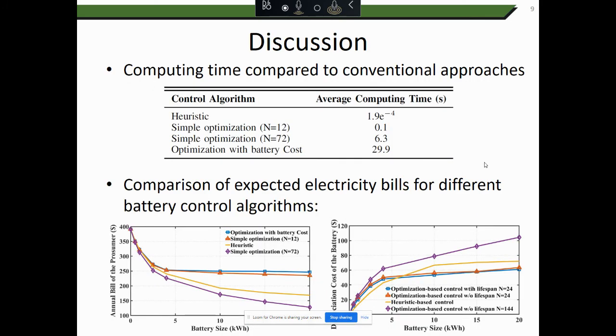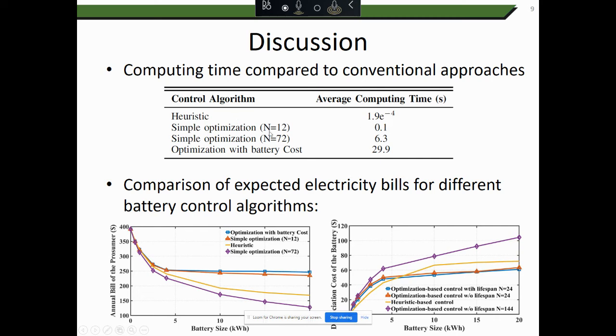However, what we found out is that the computing time to implement this inclusion of battery lifespan into the optimization problem, unfortunately, is exploding. If we compare to some heuristic methods that do not use optimization, the computing time is 0.2 milliseconds.